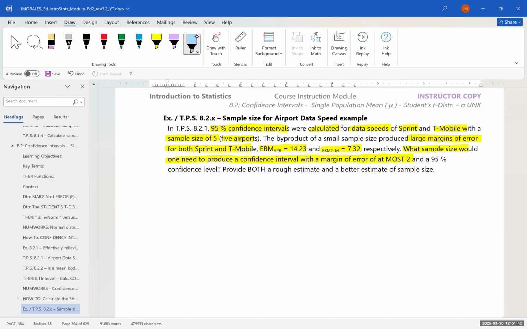So now we want to have a margin of error of at most 2, not 14 and not 7, but 2. How can we narrow down the average speed in an airport, and do it with a 95% confidence level? So we're going to provide both a rough estimate and a better estimate of sample size.